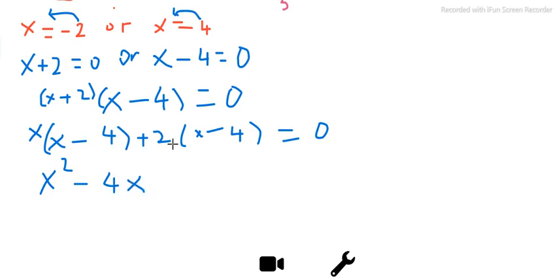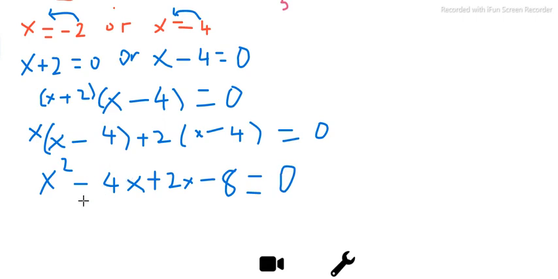We are done with the first bracket. Second one, plus 2 times x will give us plus 2x. Plus times minus, we have minus. 2 times 4, we have 8 equals to 0.